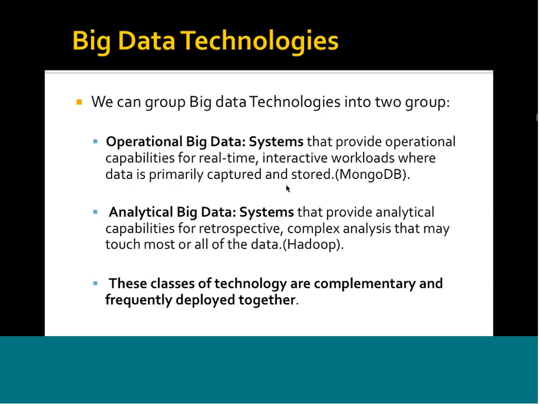From Google, actually, a white paper was released in the form of GFS, which stands for Google File System, and MapReduce. A system was derived which provided a powerful analytical capability, and that system is what is called Hadoop, right? So Hadoop provides you analytic capability. Now, why only Hadoop are we talking about?